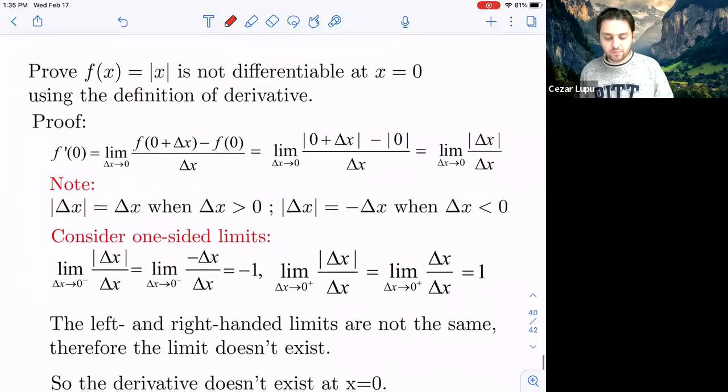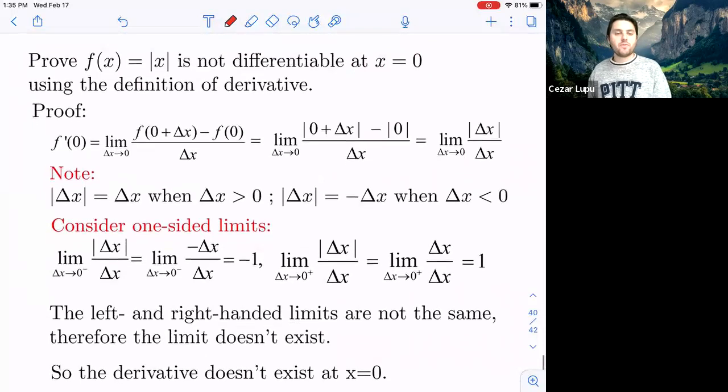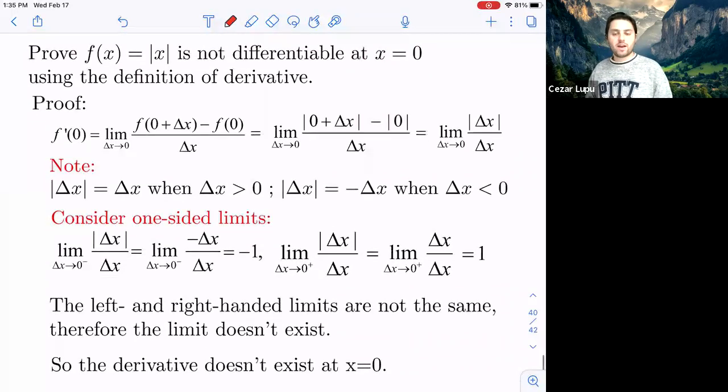Let me explain the proof. Let's prove that the function f of x equals the absolute value of x is not differentiable at the point x equals 0. By using the definition, imagine that delta x is h.